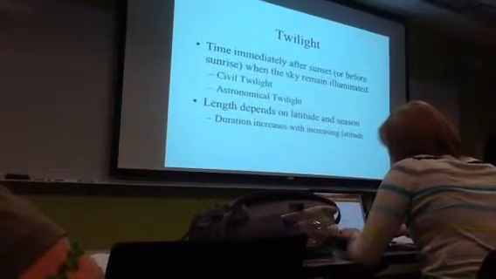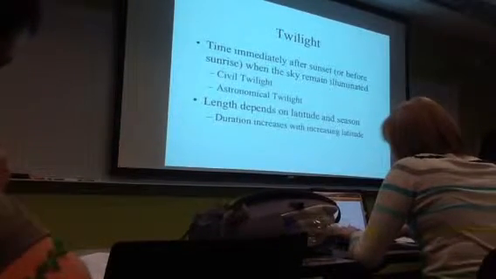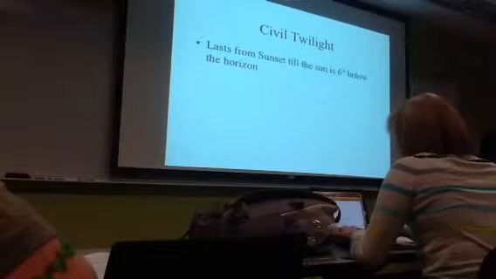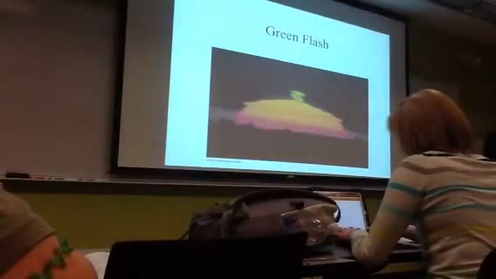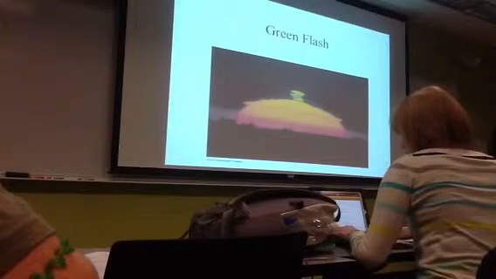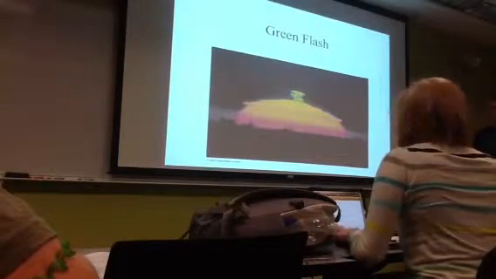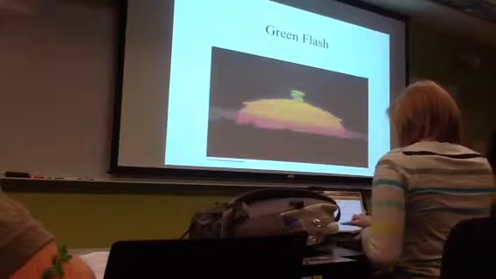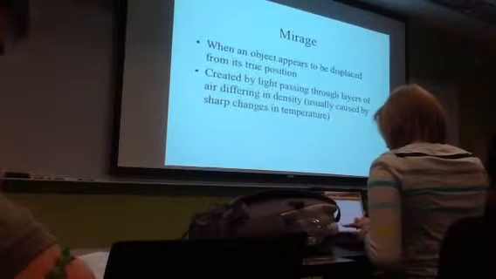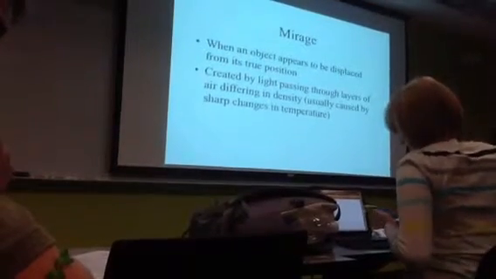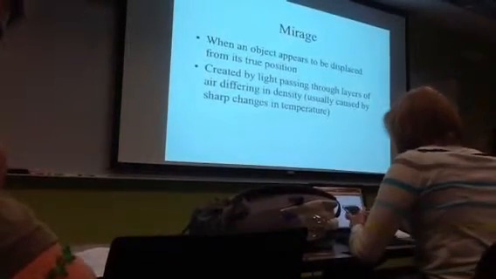Know the two different types of twilight, and know the definitions for both. So civil, astronomical. Know what the green flash is. Isn't the green flash just a green flash? During sunset. Yeah.